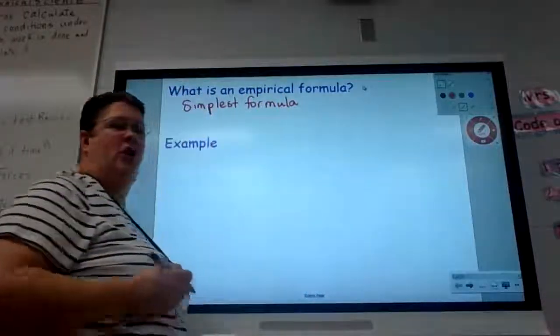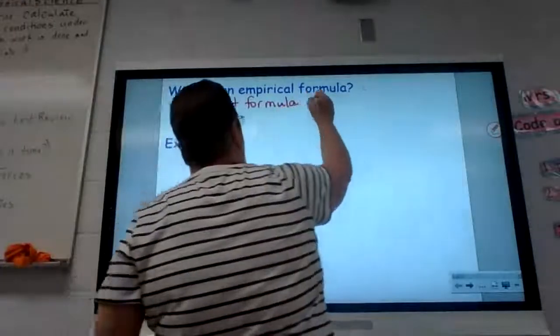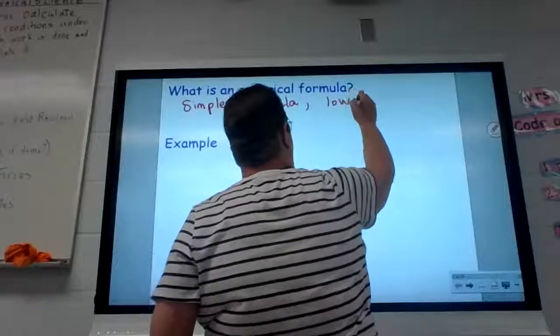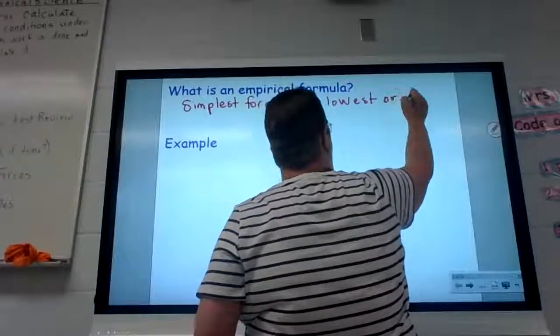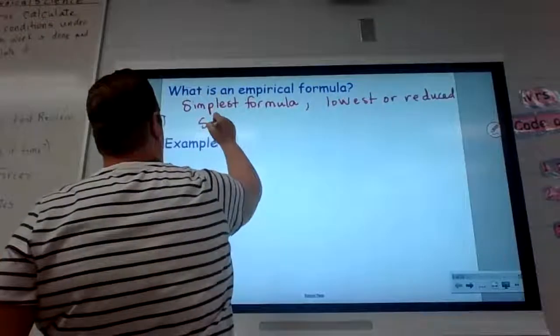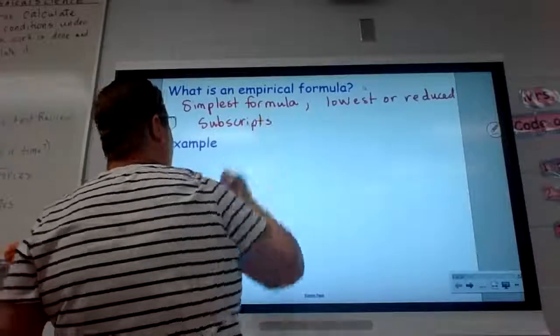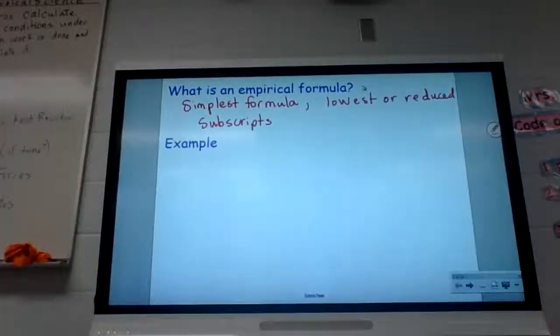Now, in terms of math class, the simplest formula has the lowest or reduced subscripts. Okay? An empirical formula is referred to oftentimes as the simplest formula, or you can think of it as having the lowest or the reduced subscripts.